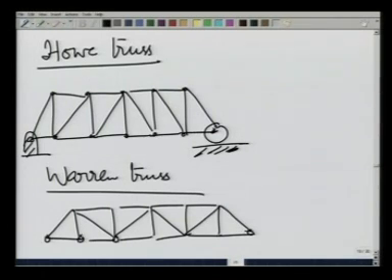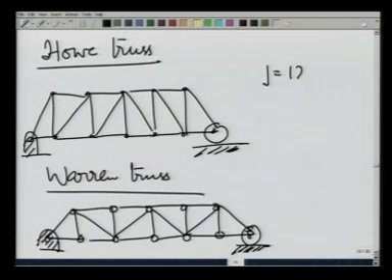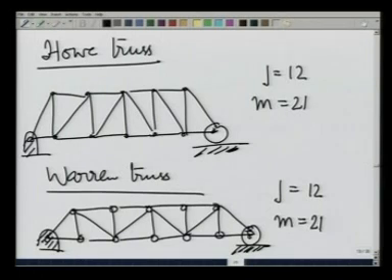So, these are different variations on the way the members and joints are fixed on a truss, and this side again I put it on a roller, and this side is fixed. Again, j equals 12 and m equals 21. So, they are consistent, and they are also statically determinate trusses.